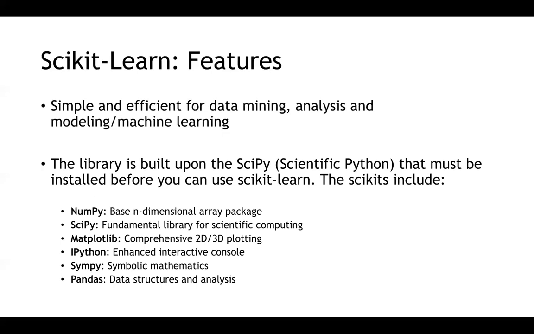First of all, NumPy, which is the n-dimensional array package of Python; SciPy, which is the fundamental library for scientific computing; matplotlib, which is a visualization tool; IPython, which is an enhanced interactive console; then SymPy, which is symbolic mathematics. This is basically coming from computer science, so it can do operations like double AND, double OR, and so on. And definitely for data structures and analysis, pandas.